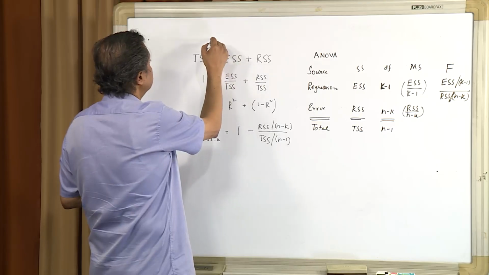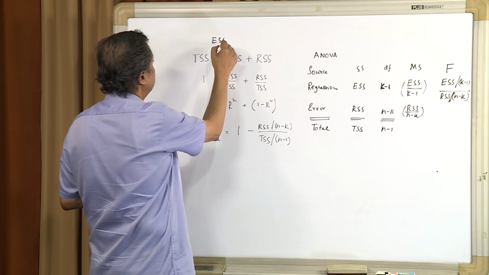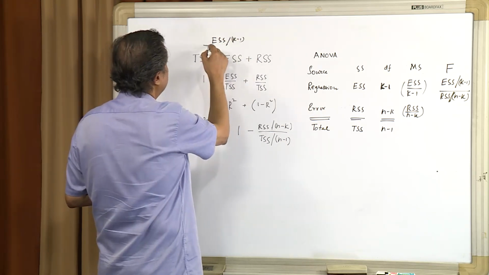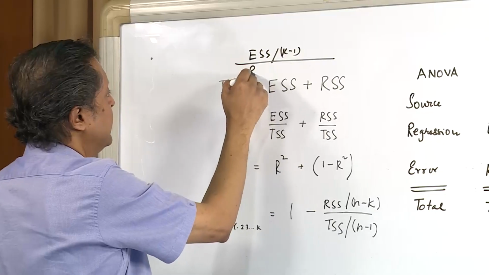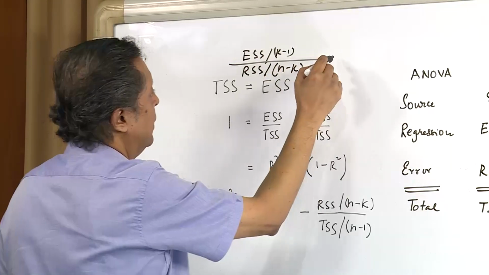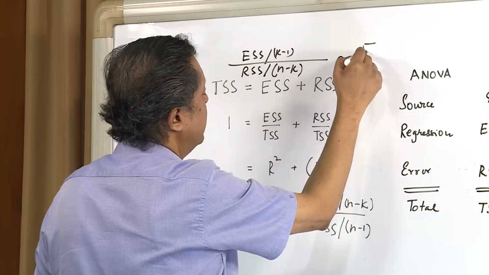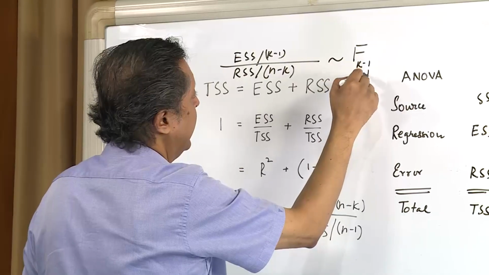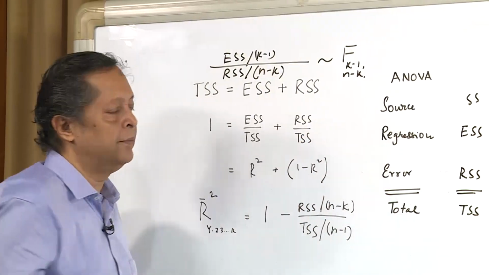So, ESS by k minus 1 whole thing divided by RSS by n minus k follows an F distribution with k minus 1 and n minus k degrees of freedom.